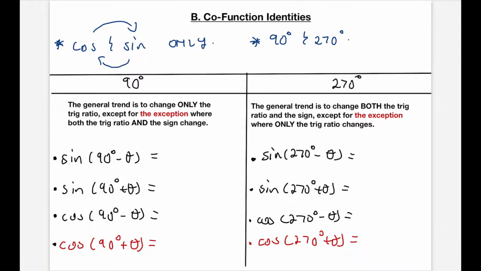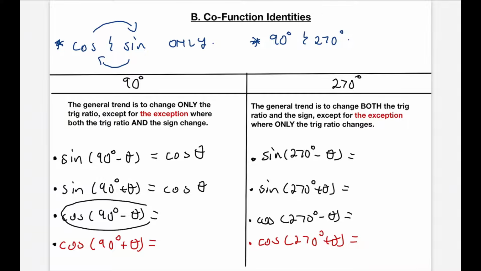Now, if you have the sine of 90 minus theta, I don't want you to memorize every single one of these. What I want you to memorize is the pattern that we observe, and I'll show you in just a second. We're starting off with the 90 degree ones. If you have the sine of 90 minus theta, that changes to become cos of theta. If you have the sine of 90 plus theta, that also changes to become cos of theta.